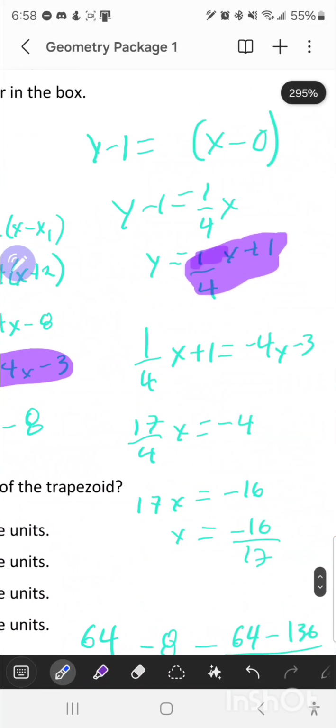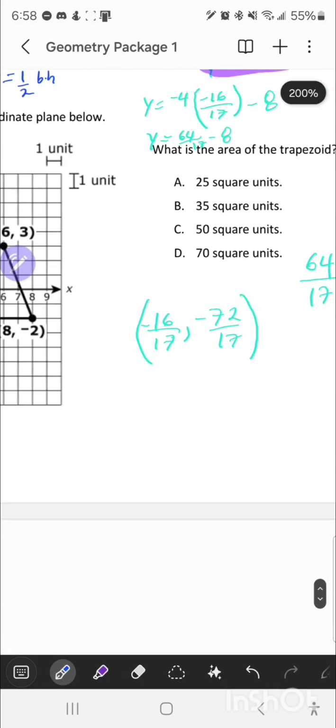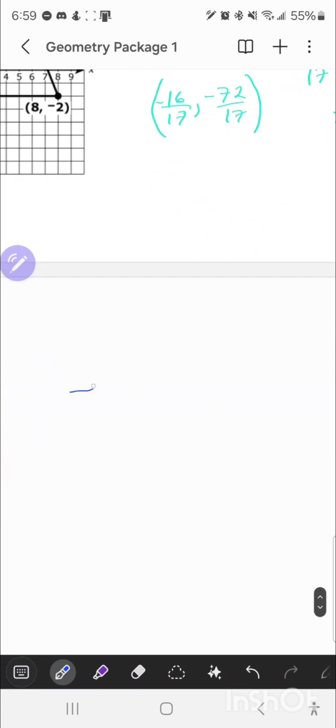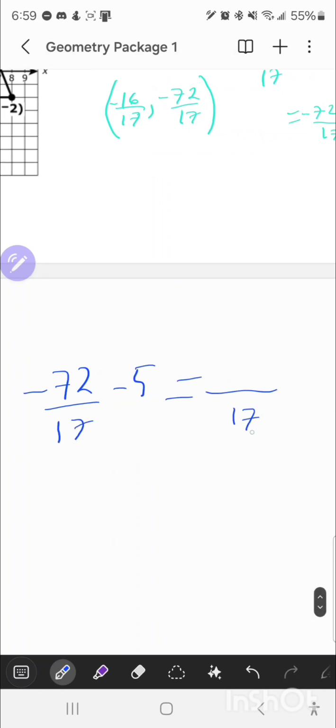Sorry, I need to do it on this side. I'm doing the bottom. Negative 72 over 17 minus 5. Same denominator. 17 divided by 17 is 1. 1 times 72 is just 72.